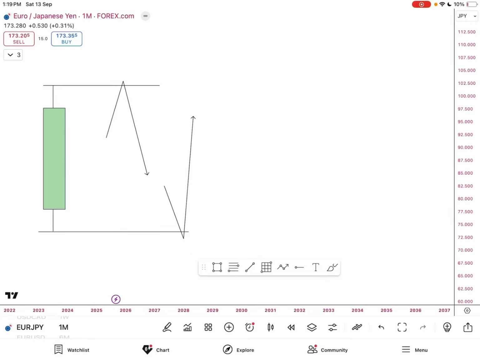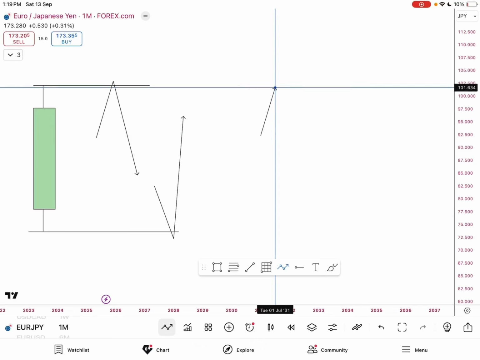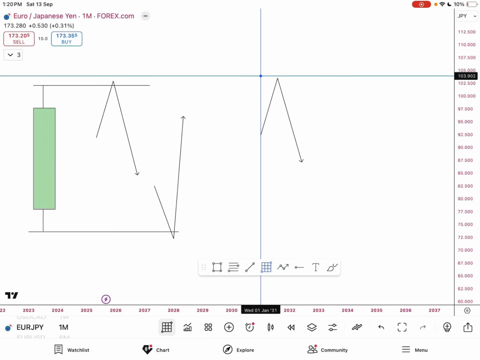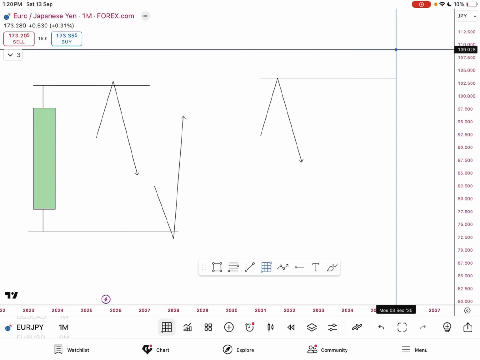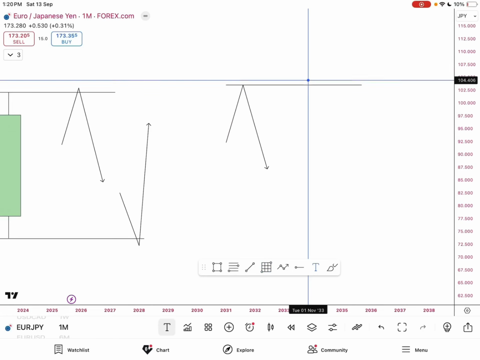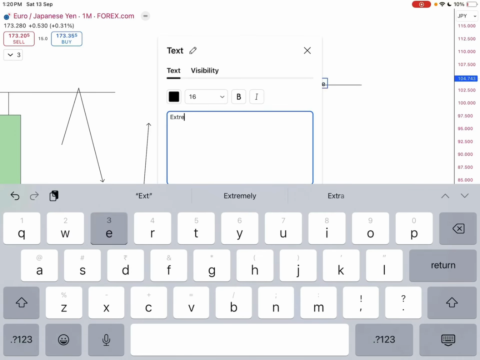Now you need to know what is internal liquidity. Internal liquidity is considered as the false structure. Like we have a high time frame key level like here. That will be the extreme level, extreme A-shaped key level.